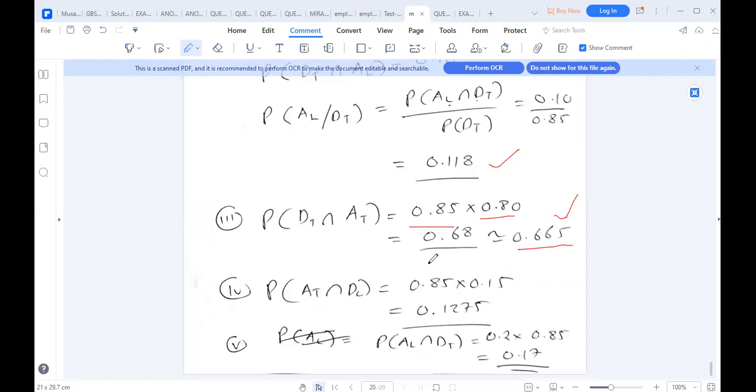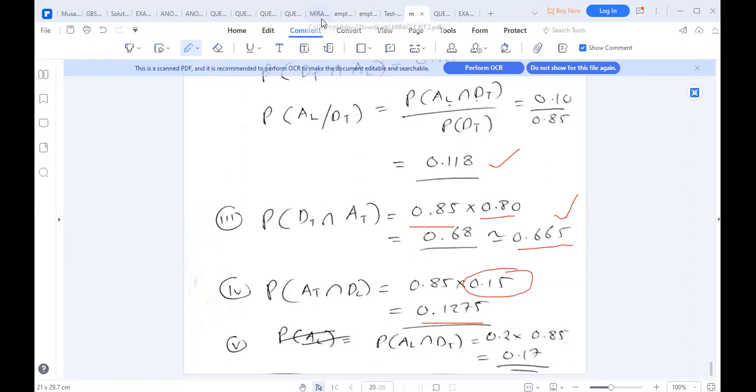When you multiply the probability that it will arrive on time and depart late, 0.85 times 0.15, we get 0.1275. So this is the probability that it will both arrive on time and depart late. This one is coming from the 85%.